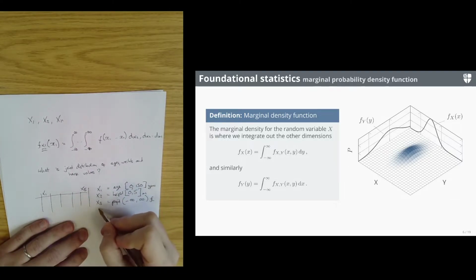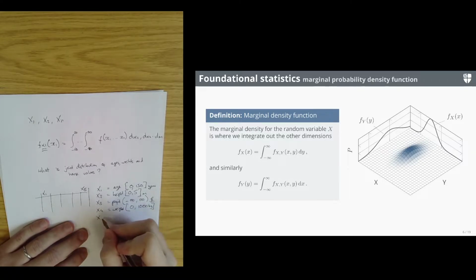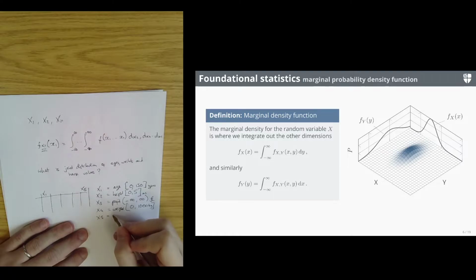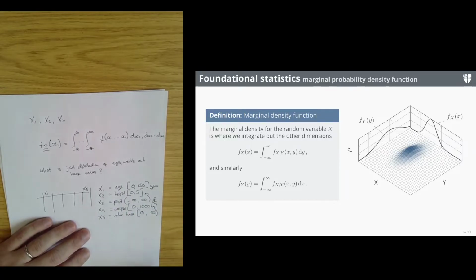Then x4 is the weight, which can be in kilograms, say 0 to 1,000 kilograms. And finally, x5 is the value of the house, and again we could have that as 0 to infinity. It can be unbounded in the infinity case.